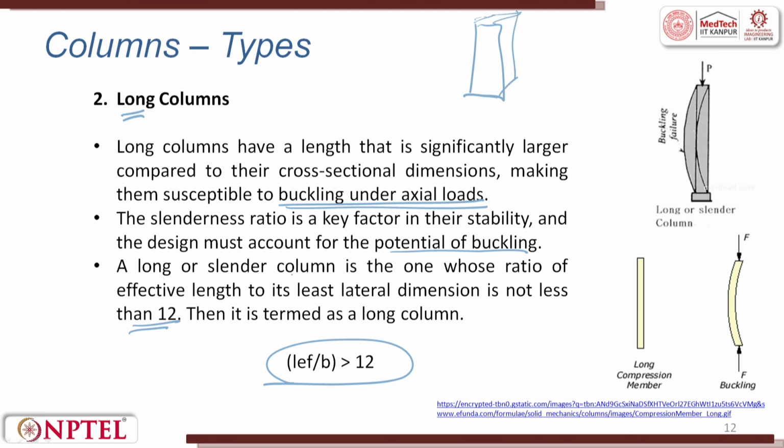So, a long or slender column is the one whose ratio of effective length to its least lateral dimension is not less than 12. Then the term is called long columns. L effective by B should be not less than 12.